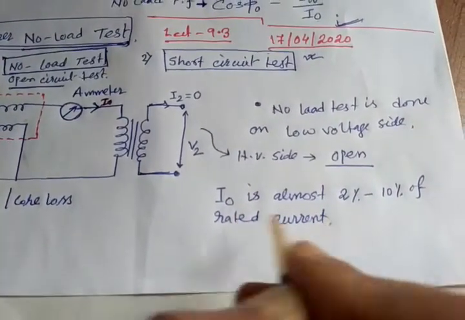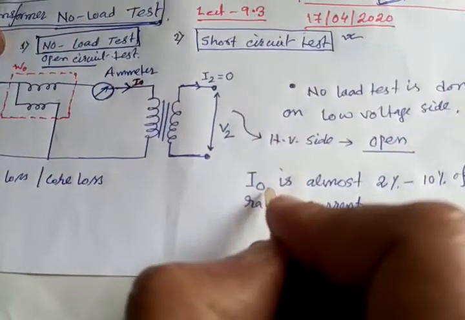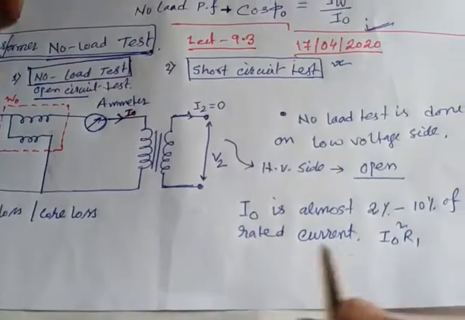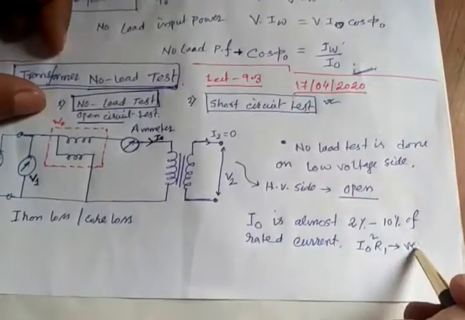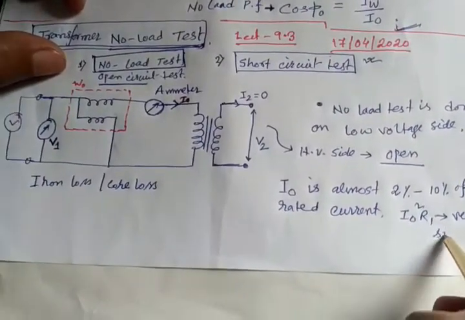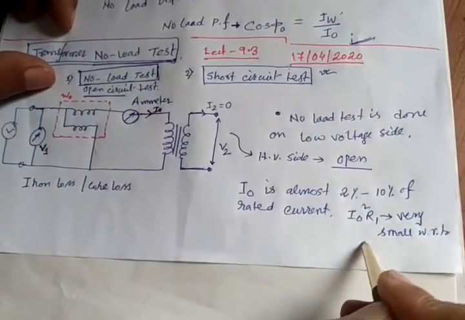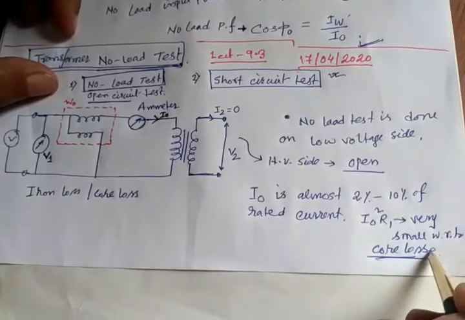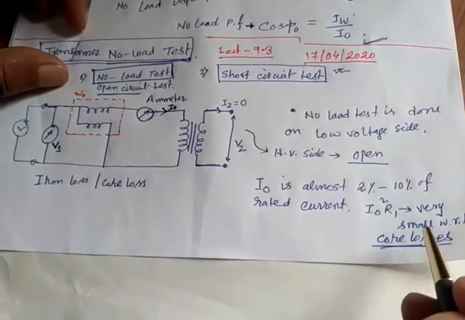So if I0 is very small, then I squared R is also very small. I0 squared R1, the primary side copper loss, will be very small with respect to the core losses, that is, the iron core losses, meaning hysteresis and eddy current loss.